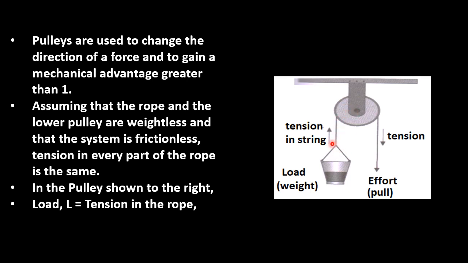That's why when you are applying an effort here, make sure that the effort you apply is equal to or greater than the load, so that it is capable of moving up. If the effort applied is less than the load, then it will be impossible for this to move up. Rather, it will move down.